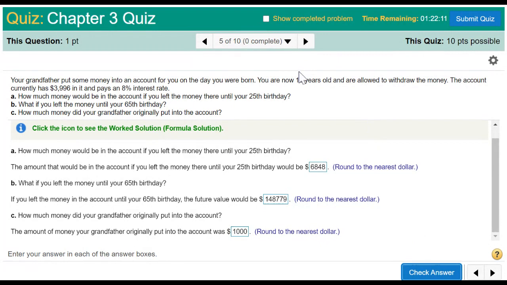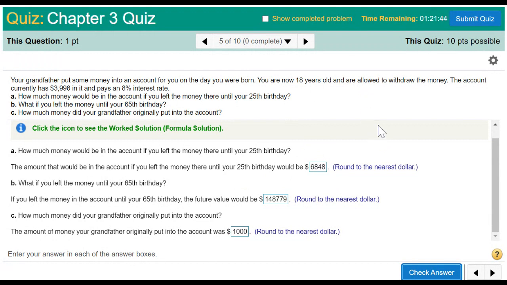If he left the money until he's 25, from 18 to 25, 25 minus 18 is 7. So N equals 7.